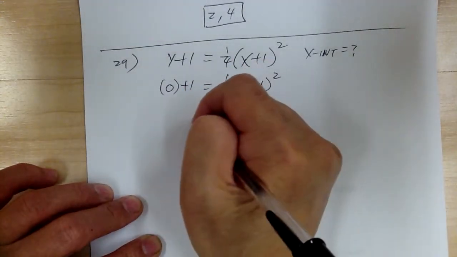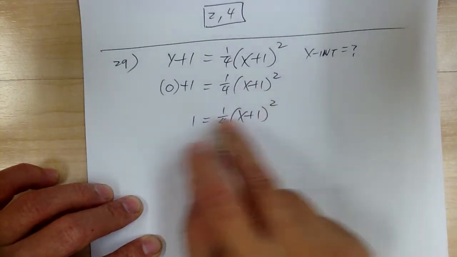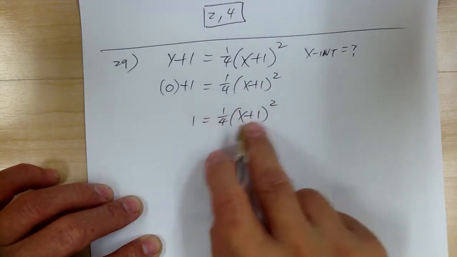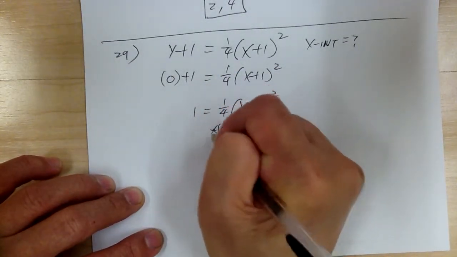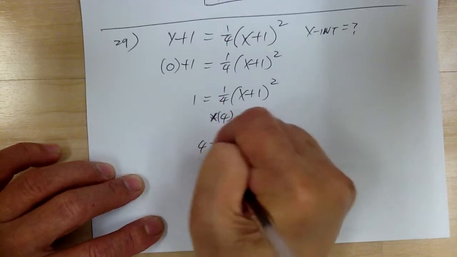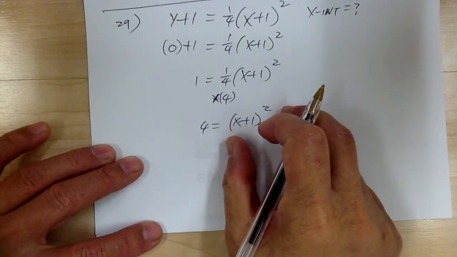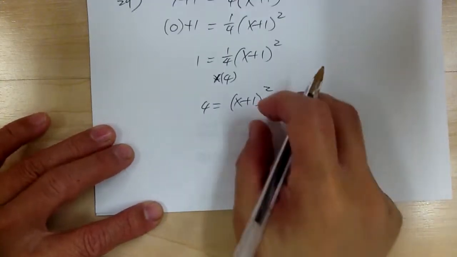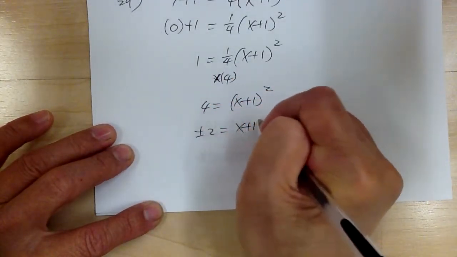And from here, I'm going to multiply both sides by 4 so I can get a perfect square. So I got 4 equals (x plus 1) squared. The reason I want a perfect square is so I can take the square root. When I take the square root, I get plus or minus 2 equals x plus 1.